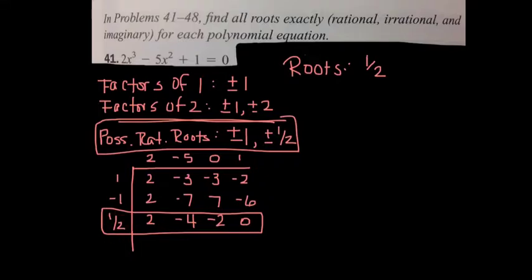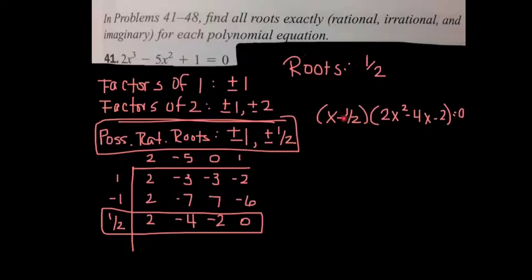I know that 1/2 is a root, which means that I could actually rewrite it as x minus 1/2, times this polynomial that is the quotient whenever I used that synthetic division table. So that would give me 2x squared minus 4x minus 2. And that whole thing is going to equal 0.